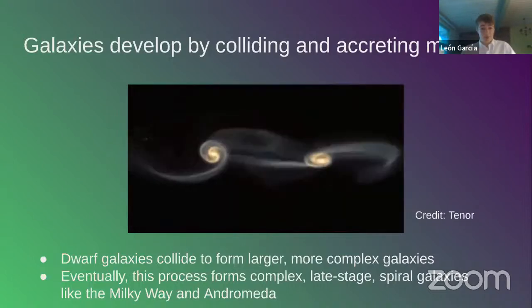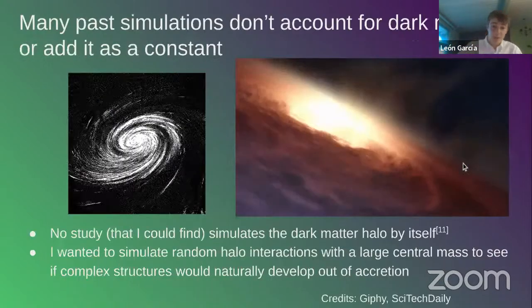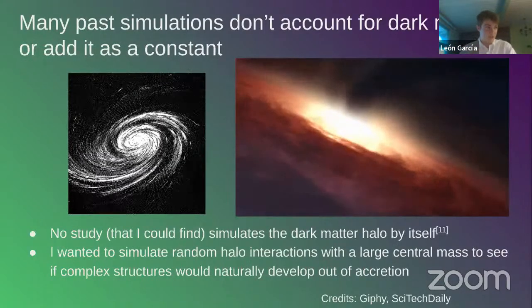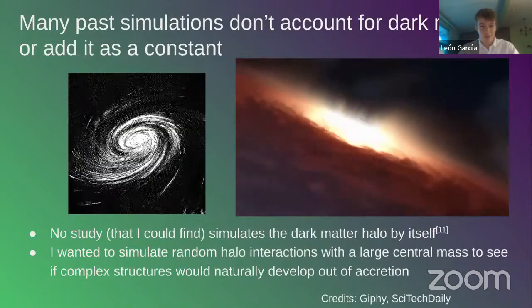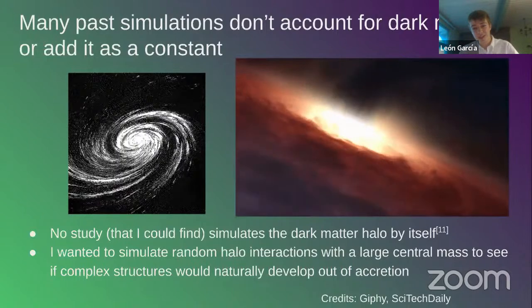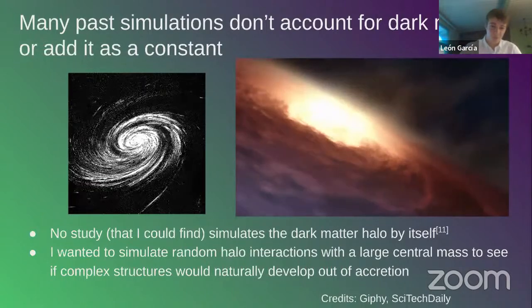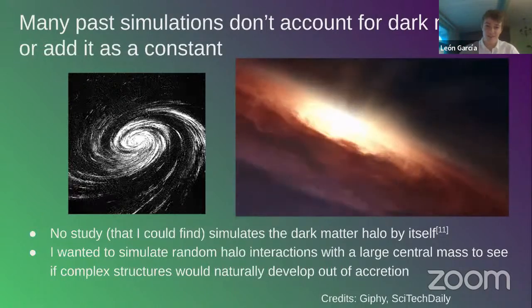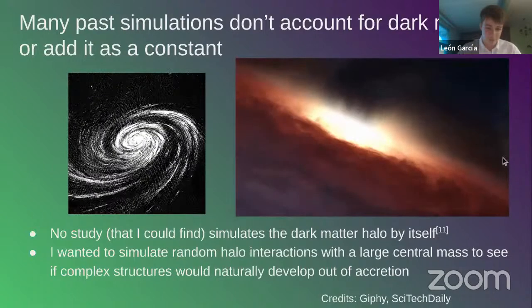And the way that they do this is they collide and then they accrete matter in these accretion disks, which are basically the lowest potential energy state for large amounts of rotating mass, creating these large-scale structures.